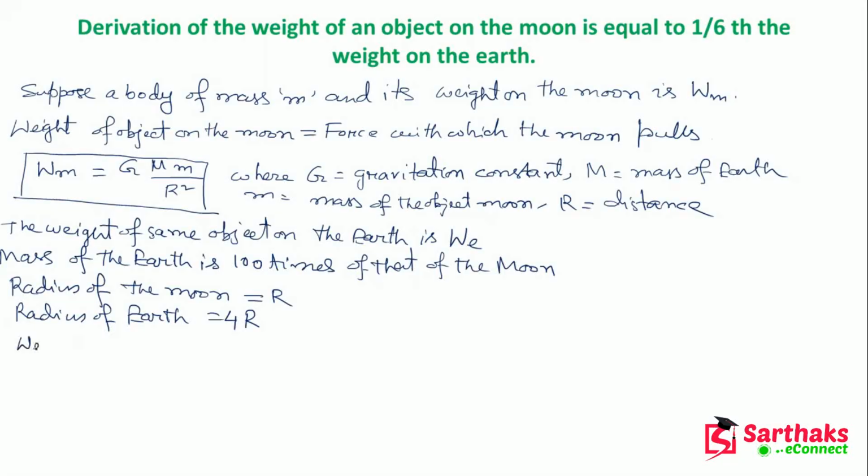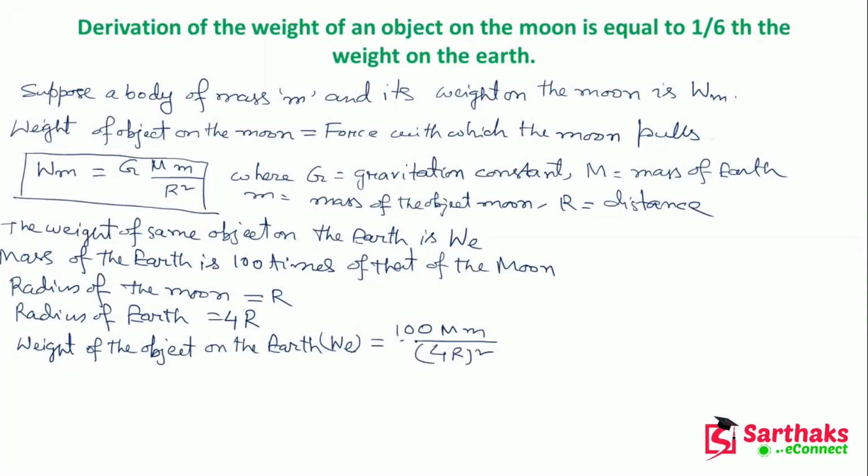So the weight of the object on the earth, WE, equals 100 over 4r whole square.